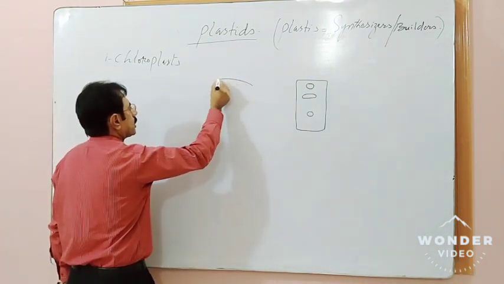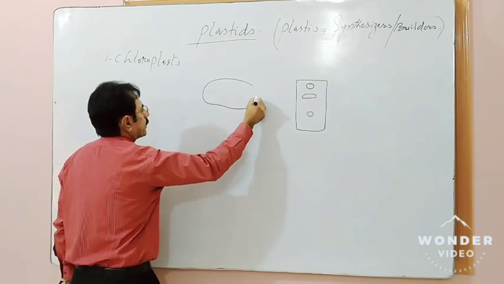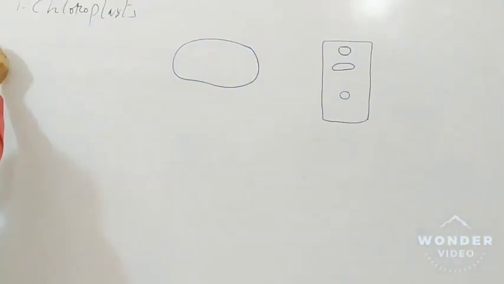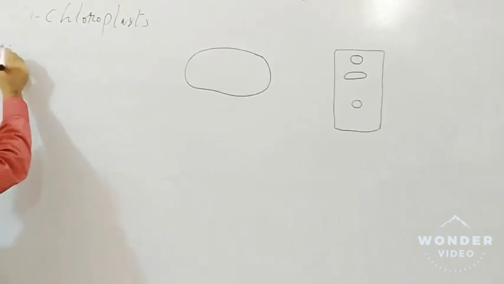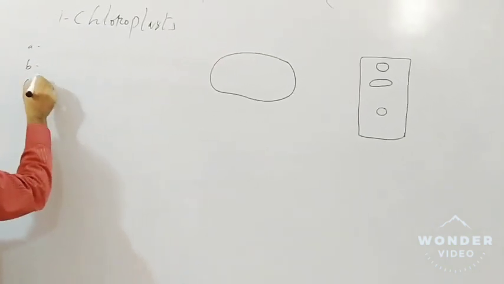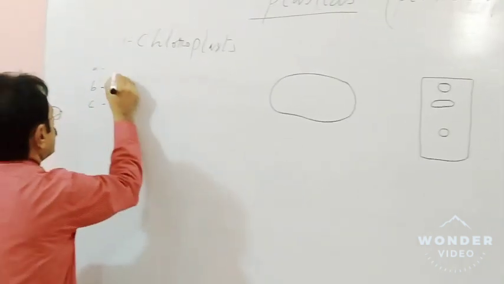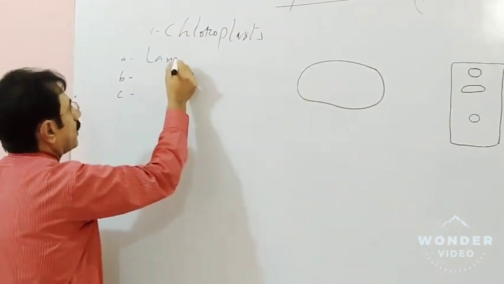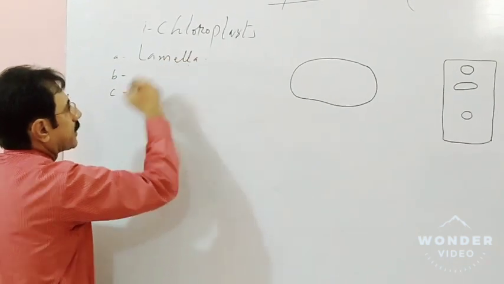Suppose this is the rod-like chloroplast. A chloroplast having the three parts, okay, number 1, 2 and 3. The outer membrane of the chloroplast is called lamella.